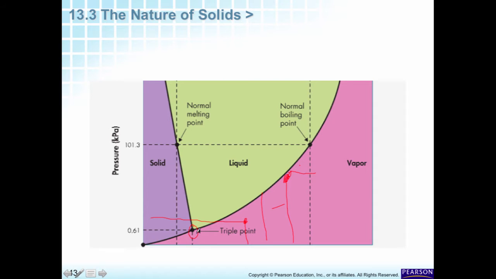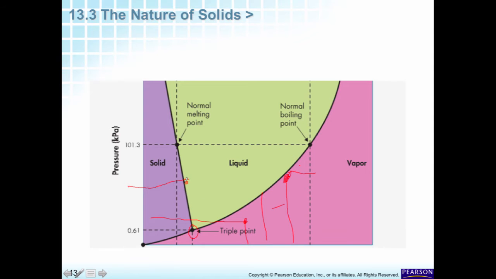Does everybody see that? Look at this purple line. That means the melting point has moved. So here it doesn't melt till this temperature. This is temperature down here. If I go right here, that's like halfway between 101 and 0.